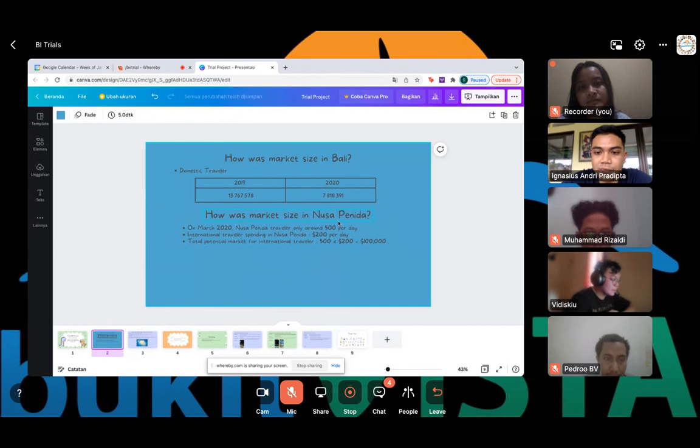This 500 is the latest data, Kak, that I can find. Maybe approximately 500 in March 2023, but probably now it's about how much? There's no data on that yet. Not yet, Kak. I see.